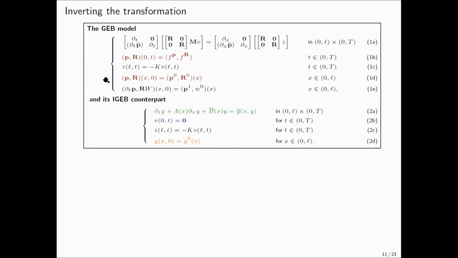And you have the JEP representation of this beam and the IJEP counterpart. You can see where the beam is clamped, the velocities are 0.